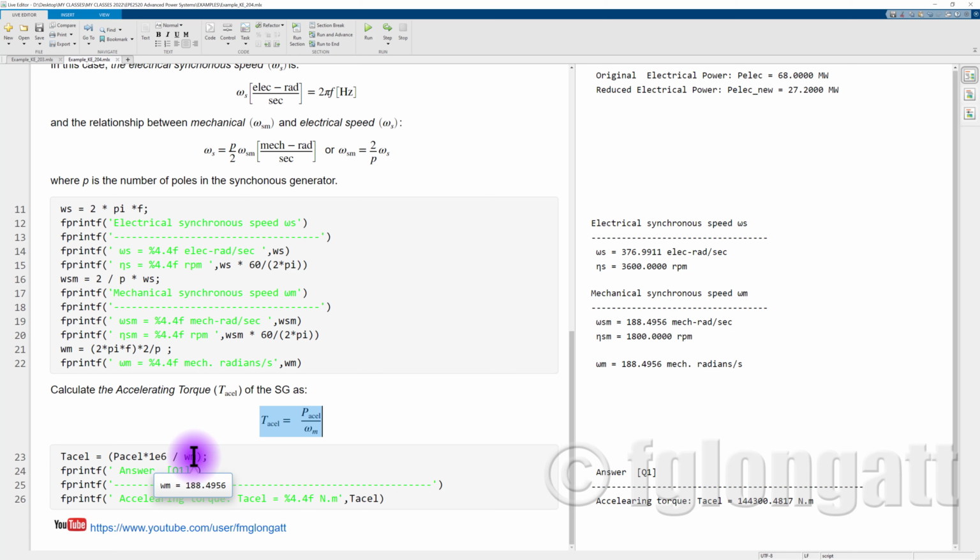And we are dividing in mechanical radians per second because this torque is a mechanical torque. And this mechanical torque that we are calculating is at the shaft, and when we put the numbers together, we obtain this huge number, 144,300 Newton meters, okay?